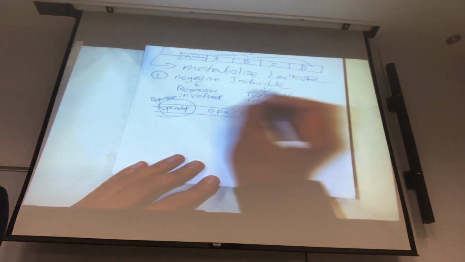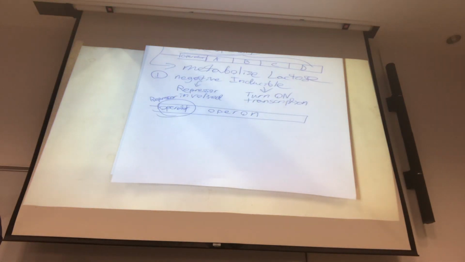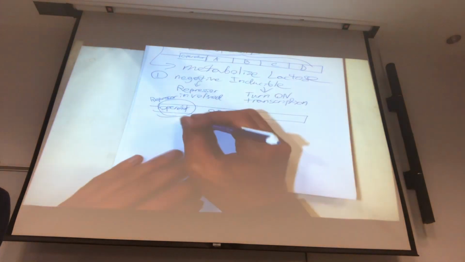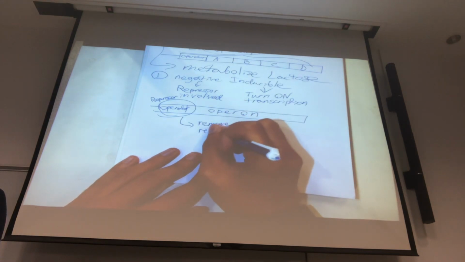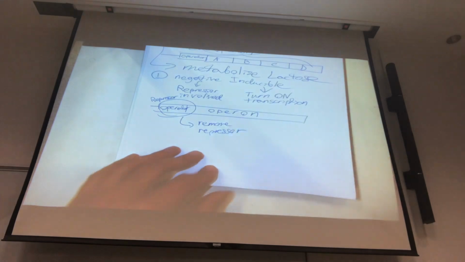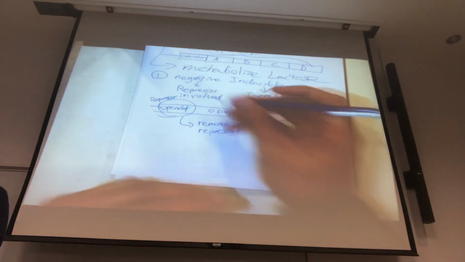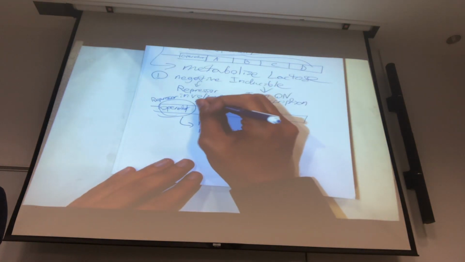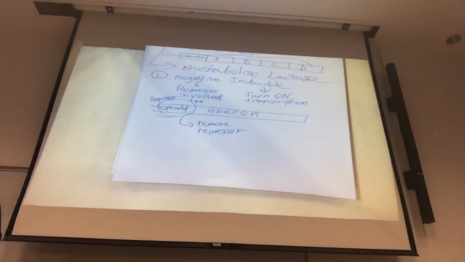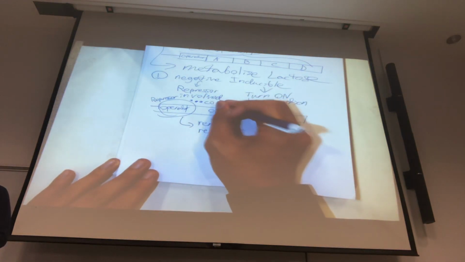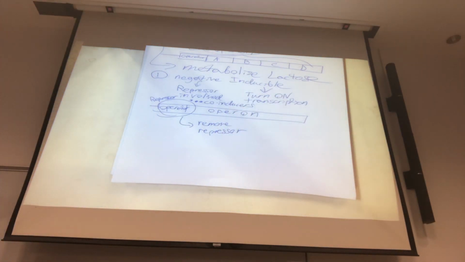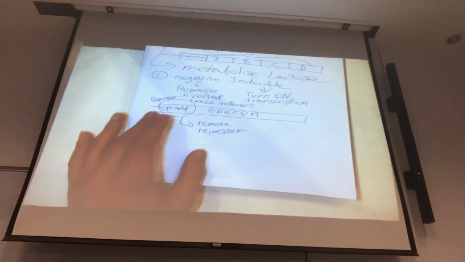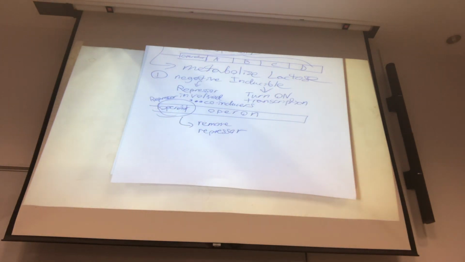Now, the inducible part means if you want to turn on the Lac Operon and activate transcription, you must remove the repressor. But what will actually do that? Well, there are smaller molecules called co-inducers, which function to bind to the repressor, cause the repressor to change shape slightly, and it'll just fall off the Lac Operon.